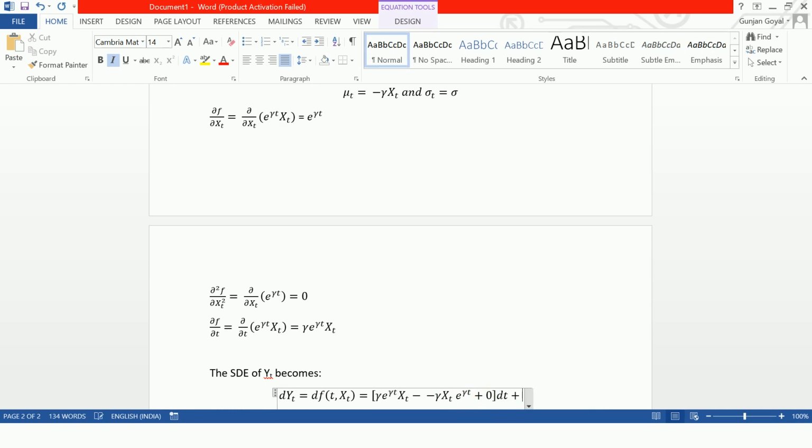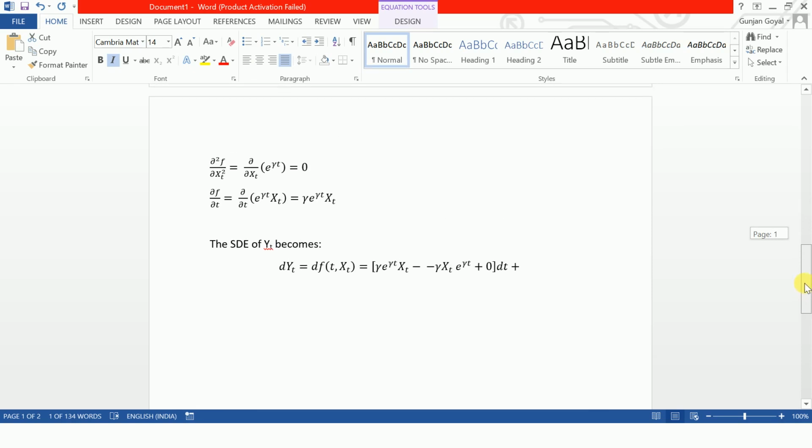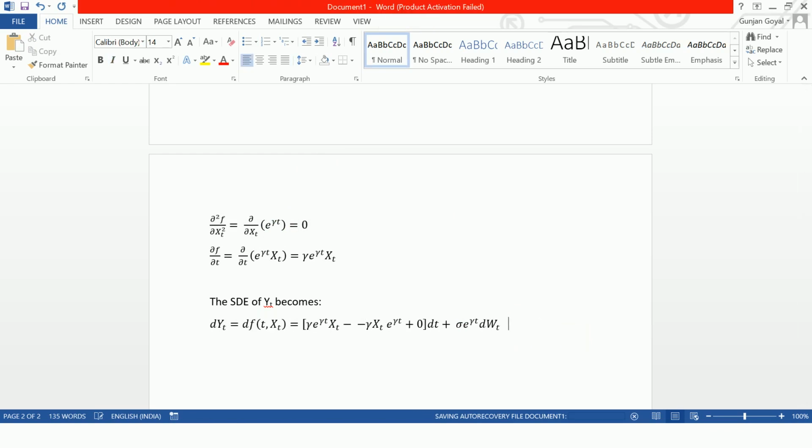So plus gamma e to the power gamma t, which is a sigma. Then del f del x, we have already calculated as e to the power gamma t, sigma times e to the power gamma t, and then you have your dWt. So this gives you the equation.